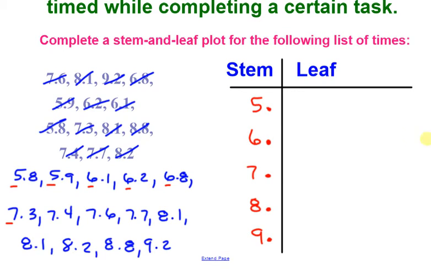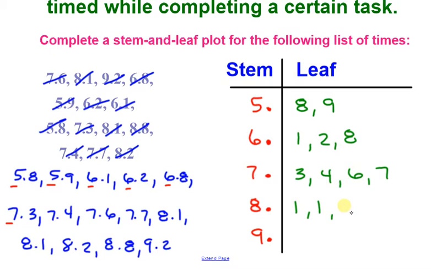And then I'm going to go ahead and construct my leaf. And so I have 5.8, 5.9, I have 6.1, 6.2, 6.8, I have 7.3, 7.4, 7.6, 7.7, I have 8.1, 8.1, 8.2, 8.8, and then I have 9.2. And that is my stem and leaf plot.